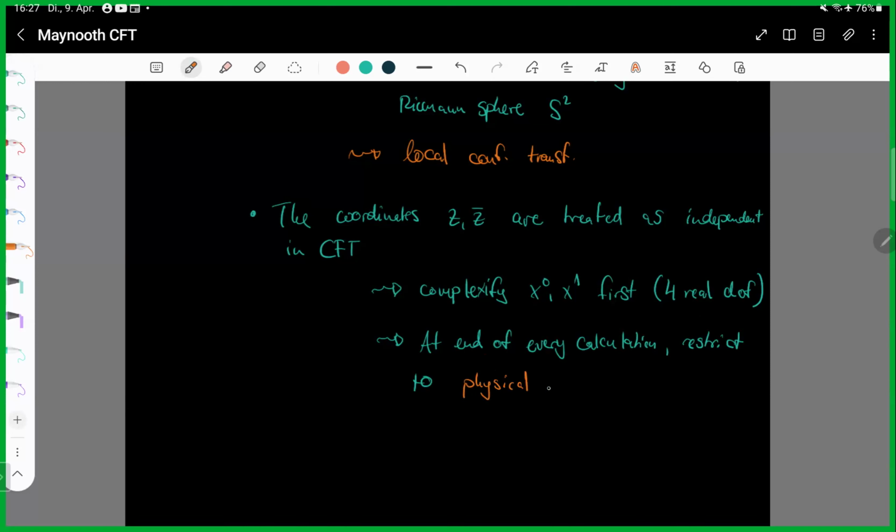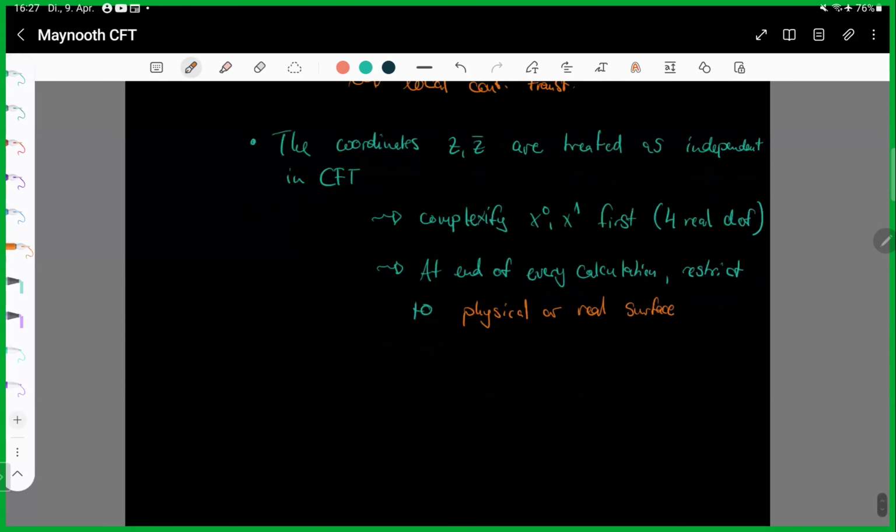And by that, I mean that z bar is to be taken as the complex conjugate. Whenever I mean complex conjugate, from now on, I'm going to mean the star. And whenever I mean z bar, I mean the independent coordinate z bar, independent of z, unless otherwise stated. Okay, so far so good.